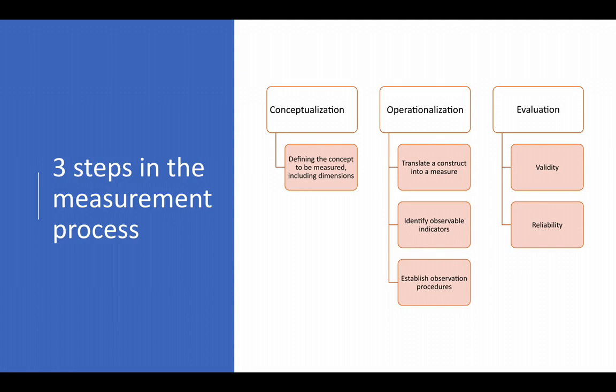Right? If they can be quantified, then you come up with numbers. If they can be categorized, then you come up with categories. Right? So you need to establish an observation procedure, right, that will allow you to operationalize them.